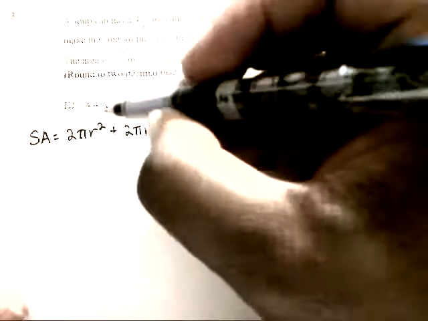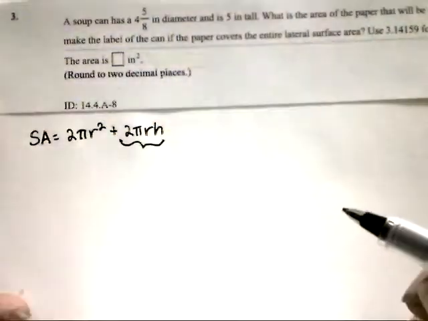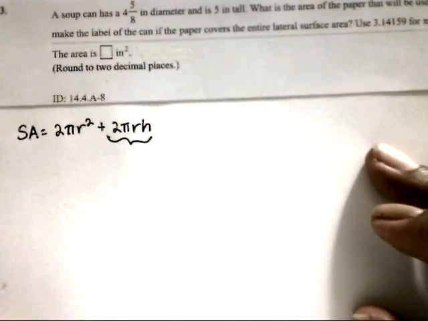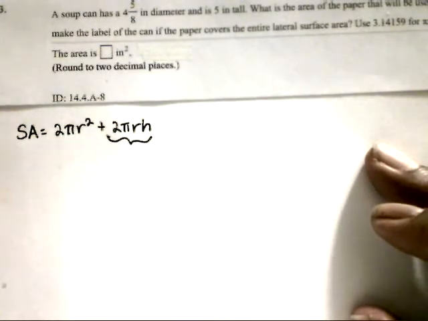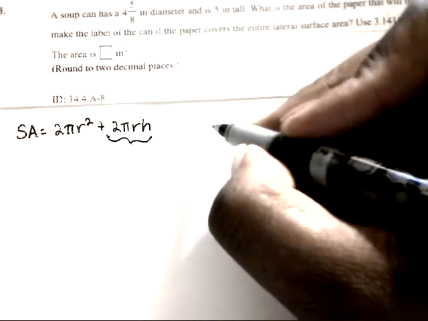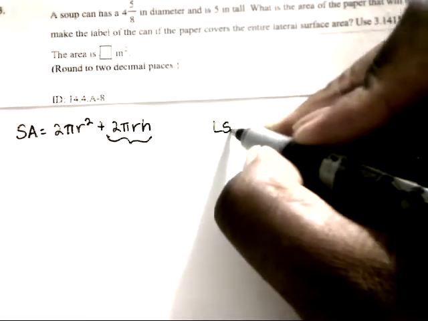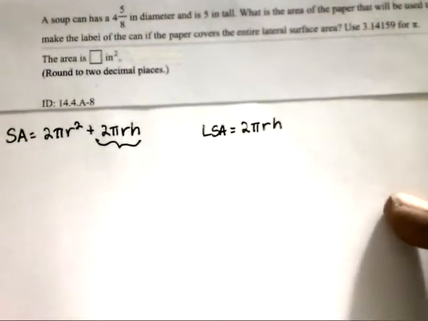However, this 2 pi r h represents the lateral surface area. That's the one we want. The 2 pi r squared represents the area of the two bases, the top and the bottom. So here, the lateral surface area is simply 2 pi times r times h.